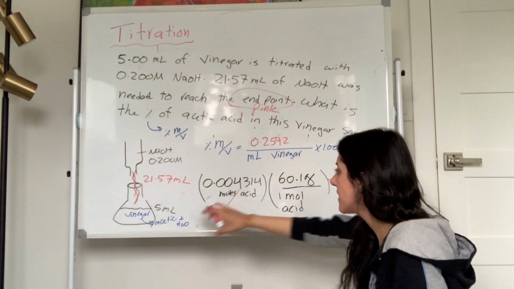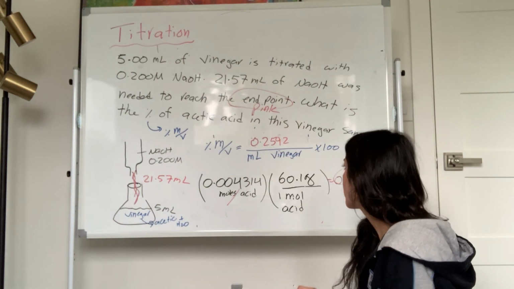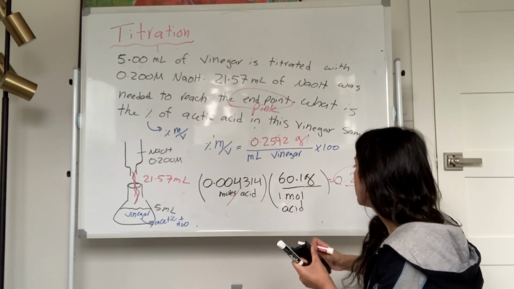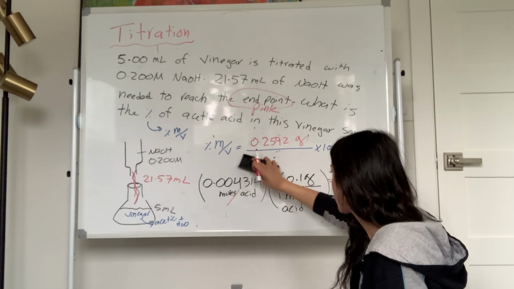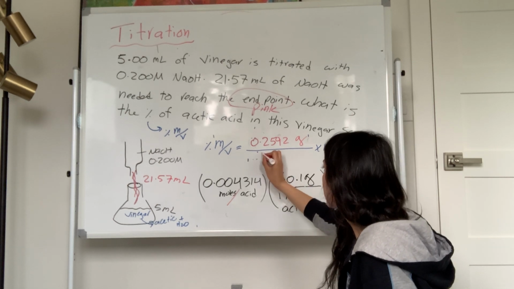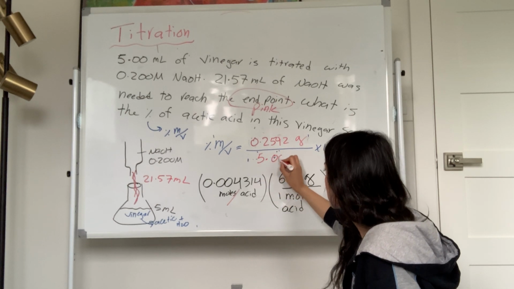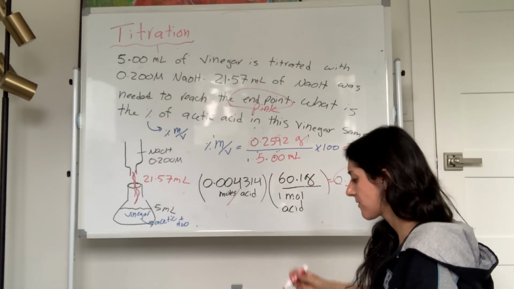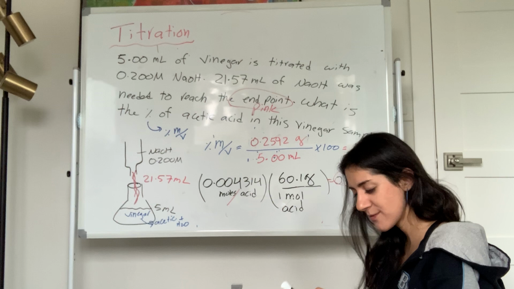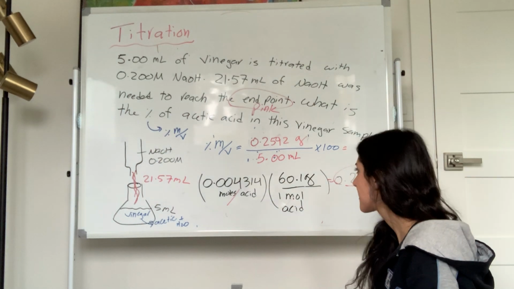Now, how much vinegar did I have? I had a 5 ml vinegar sample. So over here, what am I going to write down? I'm going to write down 5.00 ml. 4 sig fig, 3 sig fig. My final answer should have how many sig fig? 3 sig fig. Good job.